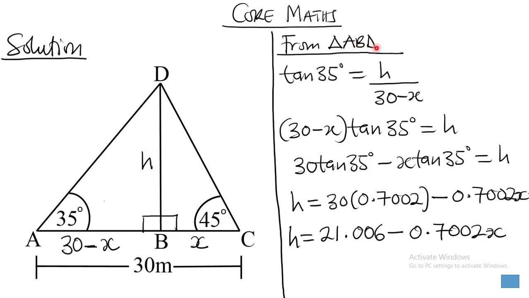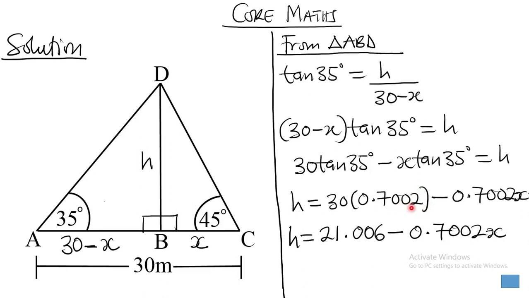So from triangle ABD, tan 35 degrees will be equal to what? H on 30 minus X. So making H the subject, you are going to get (30 minus X) tan 35 degrees. Expanding, you are going to get 30 tan 35 degrees minus X tan 35 degrees equals H. With the help of the calculator, you get tan 35 degrees to be what? 0.7002.